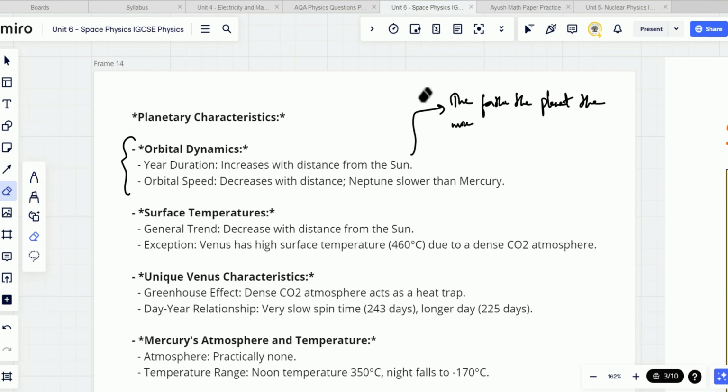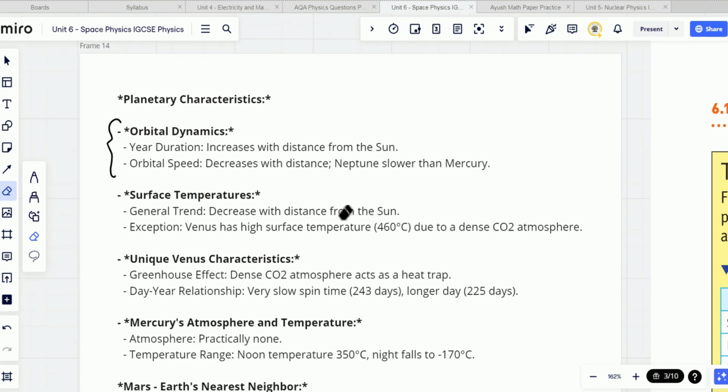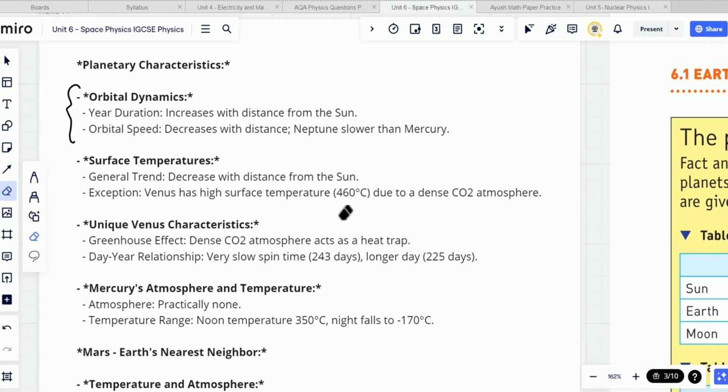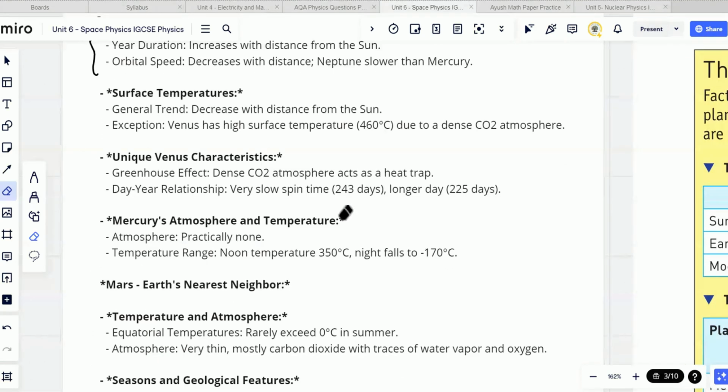So then, what's the second part? The orbital speed decreases with distance. Therefore, Neptune is slower than Mercury. So the speed also decreases. As Mercury is closer to the sun, it revolves around it at a much faster speed than Neptune, which is very far away in the solar system. Got it?